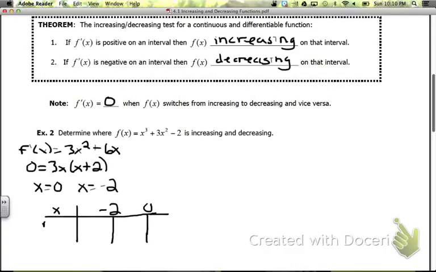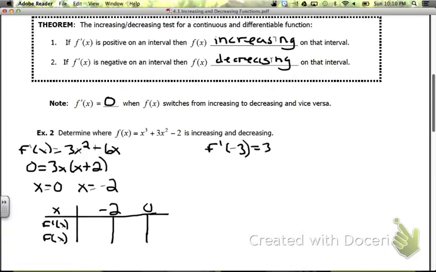And we're going to concentrate on our f prime of x and our f of x. So for f prime of x, if we want to look at a value on the left hand side of negative 2, let's look at the value of negative 3.